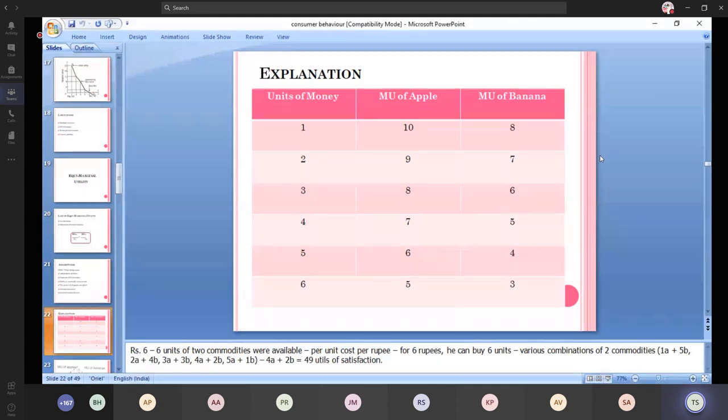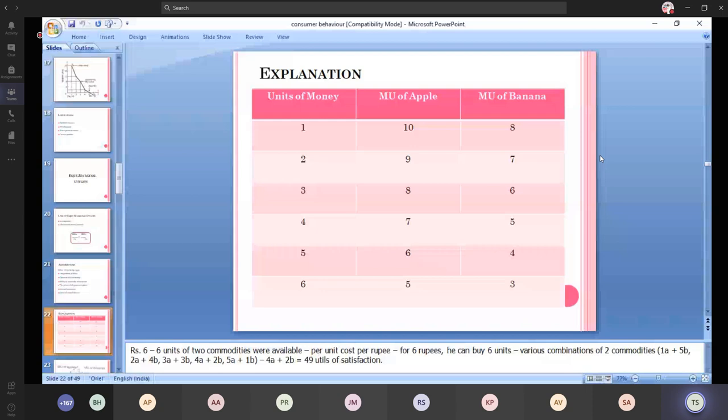Here in our example, if a consumer spends all the money on the consumption of 2 commodities, the first combination is 1 apple with 5 bananas. The 1 apple's marginal utility is equal to 10, and the 5 bananas' marginal utility is 8 plus 7 plus 6 plus 5 plus 4.